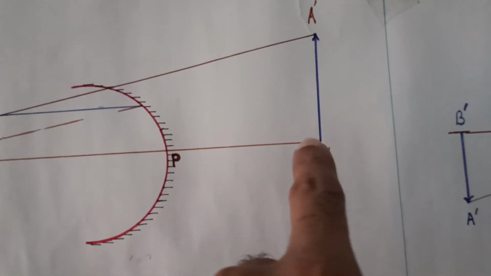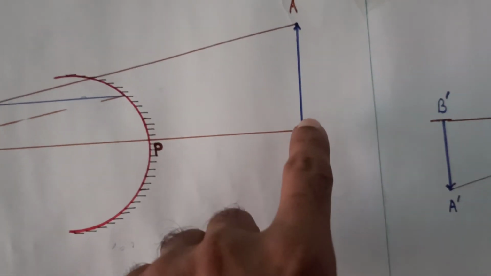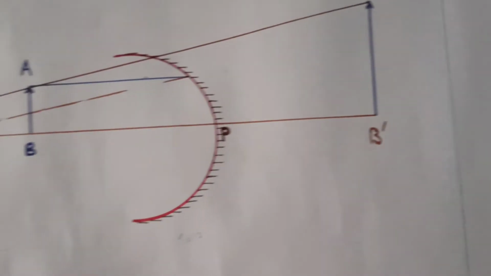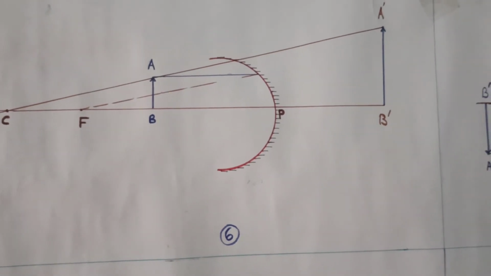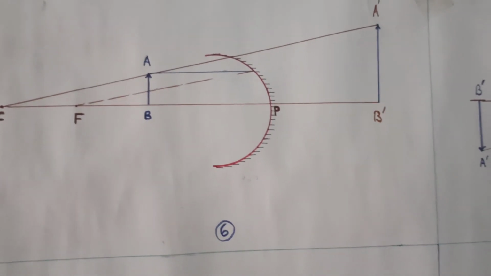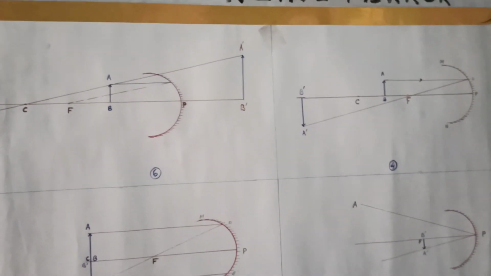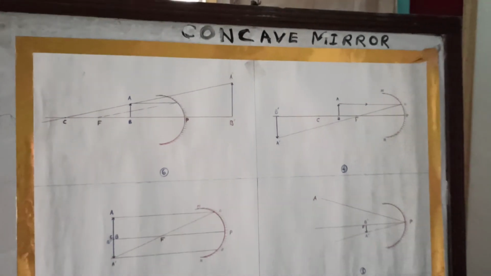Since the image is not forming below the principal axis, it is above the principal axis, so it is erect, and hence the image is virtual. These are the position of the object and the position of the image and the size of the image and nature of the image formed in a concave mirror.